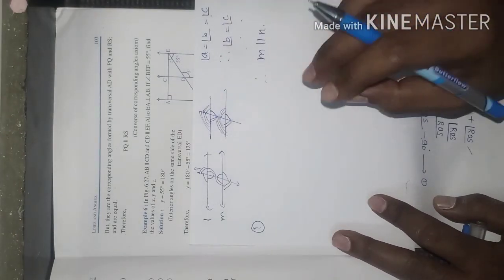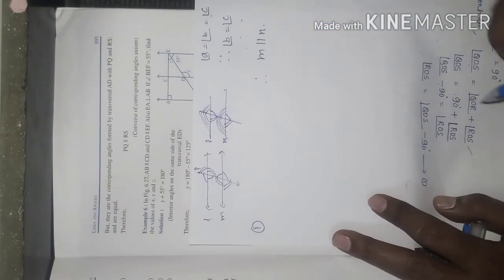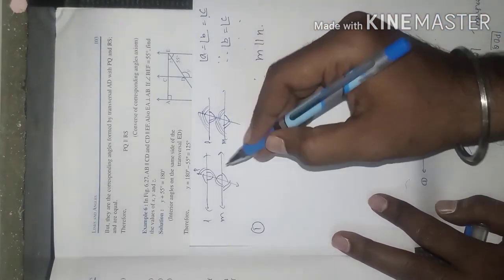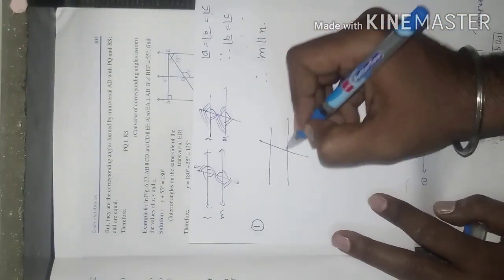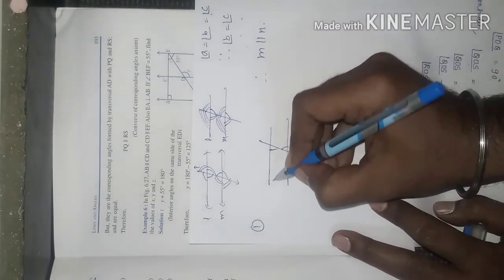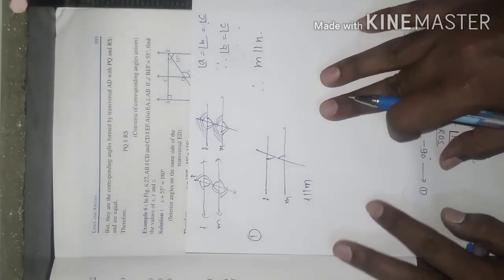So corresponding angles are equal when lines L and M are parallel to each other. Now, as you know, vertically opposite angles are equal. Now the converse of this I will also tell you. These are the two lines. If the alternate angles are equal, then line L is parallel to M.